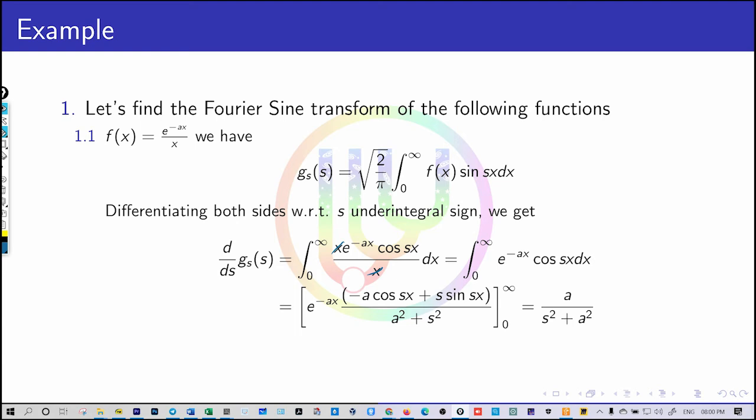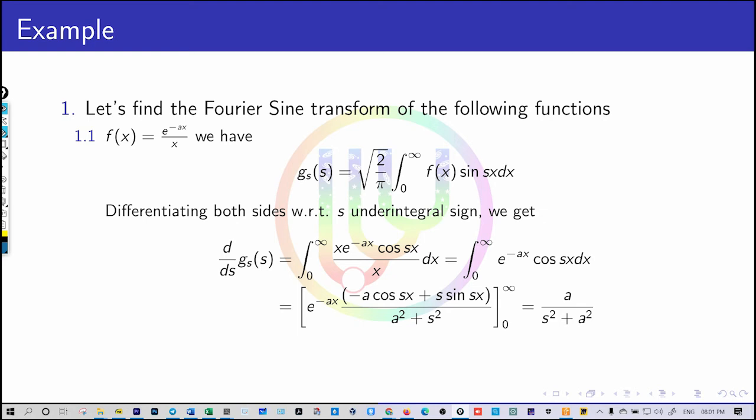Now this is the derivative d by ds of gs of s. In that case, what will be gs of s? gs of s will be the integral of this quantity. This is e raised to minus ax into minus a cos sx plus s sin sx by a square plus s square. Here we have the integral of e raised to minus ax cos sx dx.